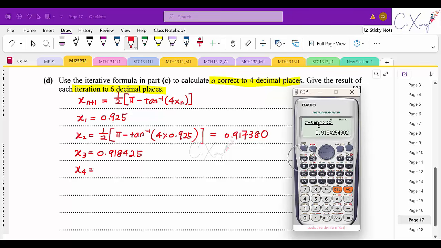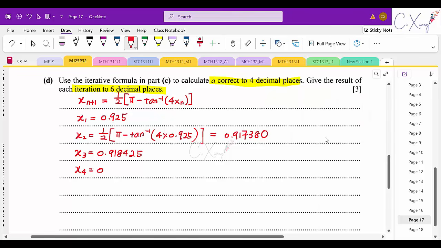Same process, press calculate, then key in 0.918425. Then you press the equal sign again, then you get 0.918281. Okay, and again, if you're not so sure when to stop, then every time, please double check your answer.